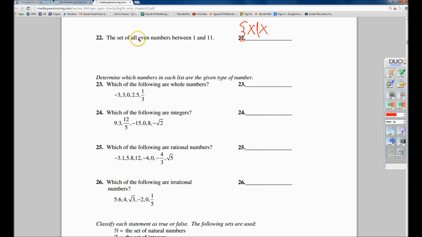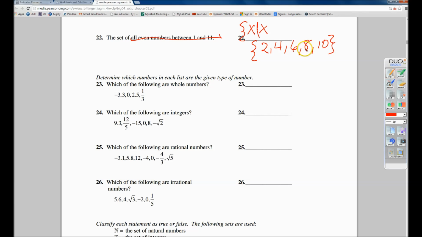X is all even numbers between 11. Now, I didn't check on the instructions here. If they wanted it in roster form, then in roster form, you would then have to list them. And you would start with 2, 4, 6, 8, 10, and that would be the set.